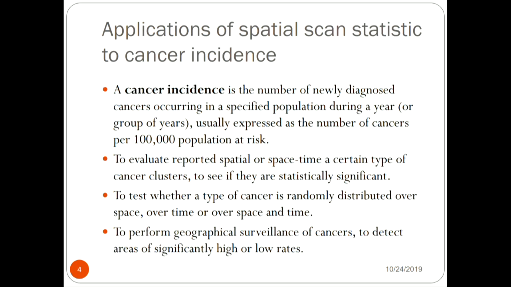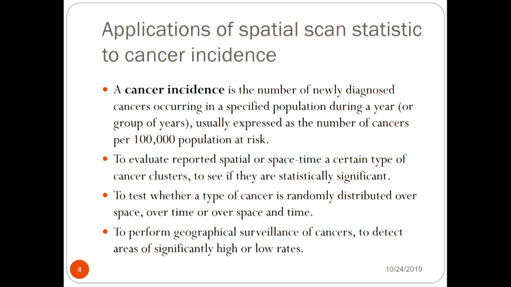For the application to the Massachusetts cancer registry data, the cancer incidence is the number of diagnosed cancer cases that happened in a specific population during a year period. Usually it is counted per 100,000 of the population at risk.